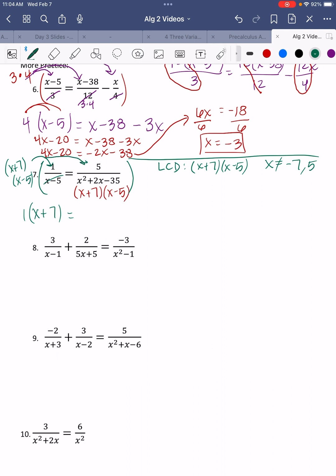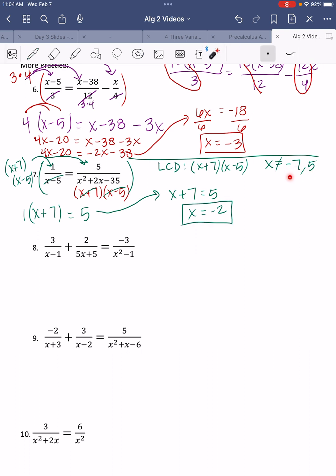On the right side, everything would cancel, and the 5 would just be left alone. So I have a super easy equation to solve here, just x plus 7 equals 5, so x must be -2. And before I box it, I glanced to make sure -2 is not a restricted value.